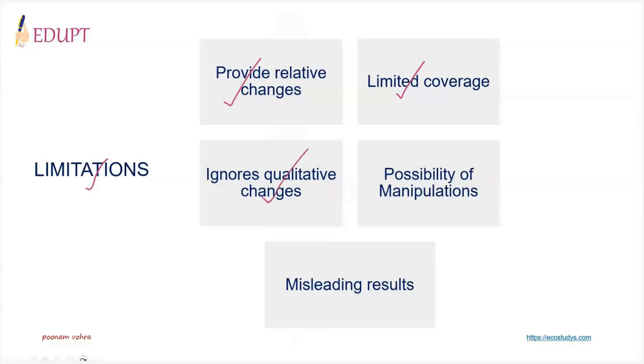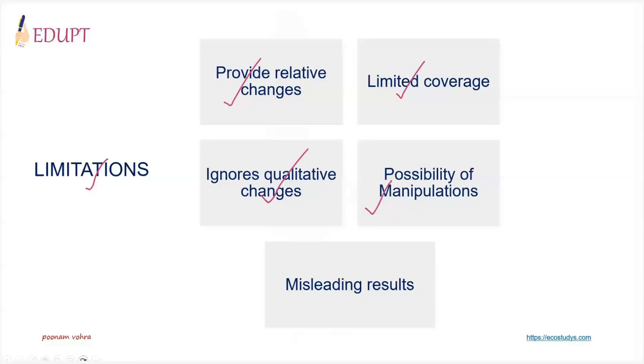Index numbers do not pay attention to the qualitative changes in the product while constructing the price or the production index. An increase in price due to the improvement in the quality of the product is neglected in the index numbers. So there is a possibility of manipulations in index number, and manipulations can be made in the selection of a particular base year, a particular group of commodities, a particular set of prices, and so on.